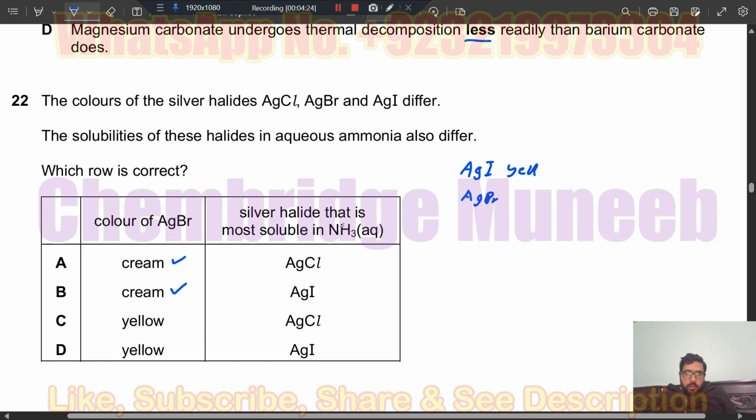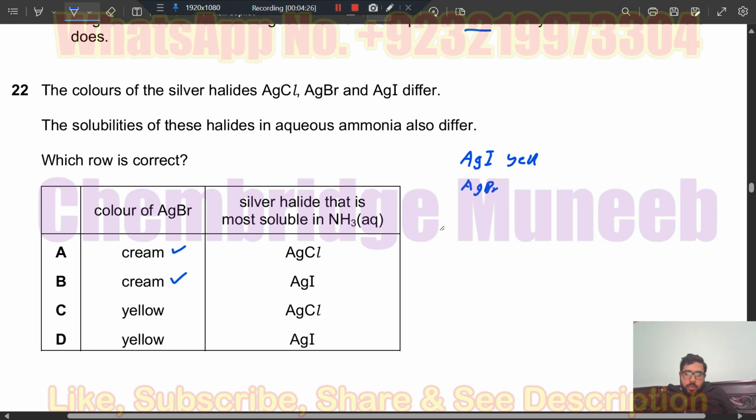And we should know their solubility as well. If we add dilute NH3, then AgCl will dissolve easily. If we add concentrated NH3, then AgBr will dissolve.